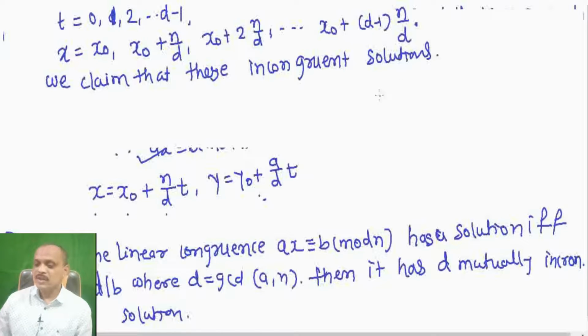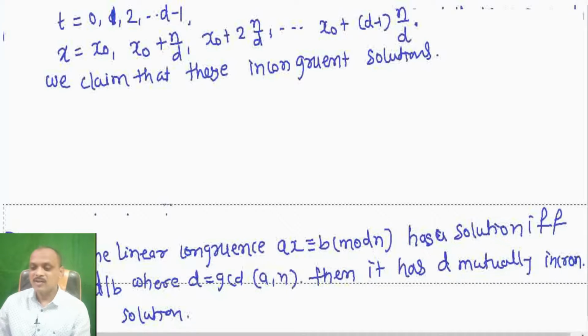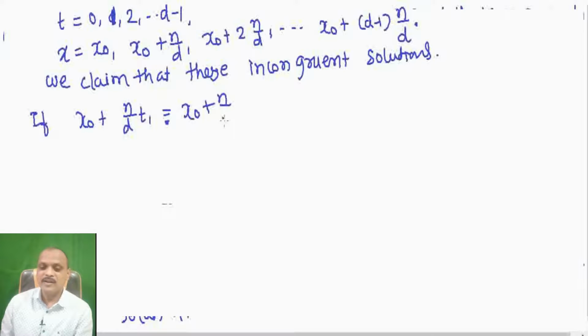If they are not incongruent, let us assume that they are congruent. That means any two of these are congruent if x0 plus (n divided by d) times t1 is congruent to x0 plus (n divided by d) times t2, where 0 ≤ t1 < t2 ≤ d minus 1.